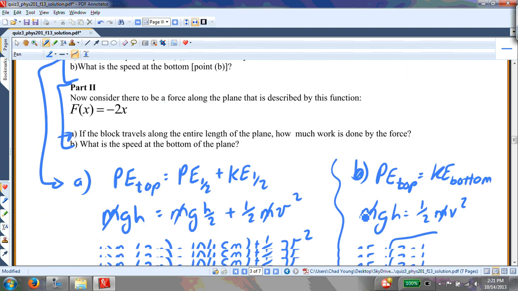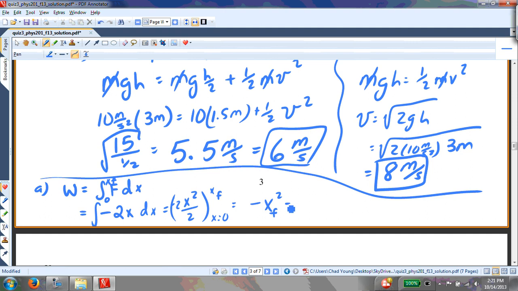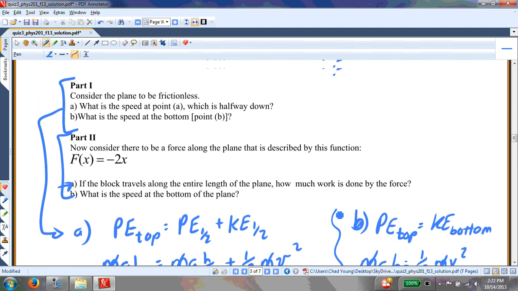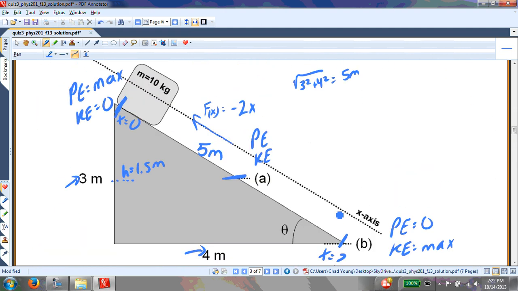And then I take that integral, and I get negative 25 joules. That means that I'm taking away 25 joules of energy. So that's what the negative means. The work is taking away 25 joules of energy. So that was part A. The answer is 25.